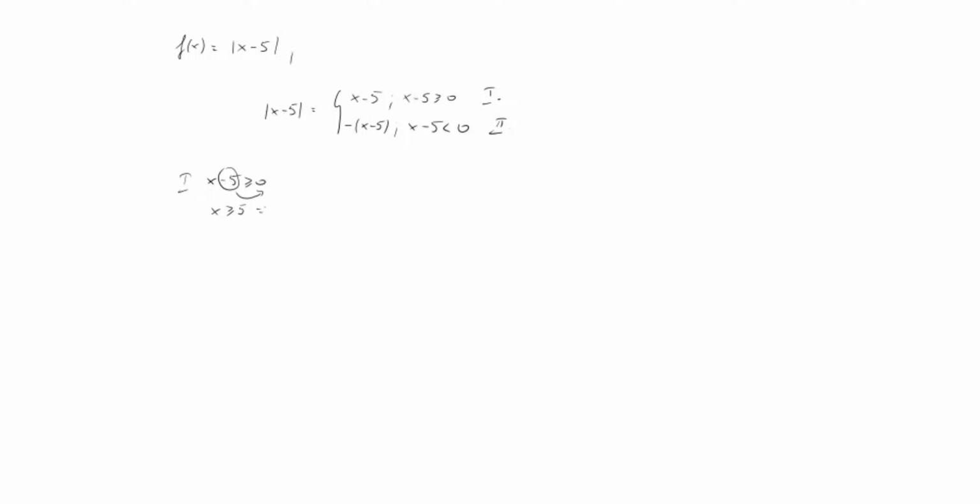So in other words, x is from the interval [5, infinity). Or we can say that the absolute value of x minus 5 is x minus 5 if x is from the interval [5, infinity).